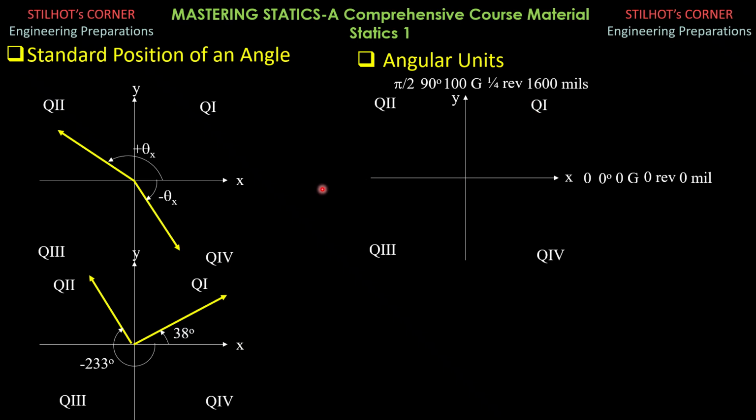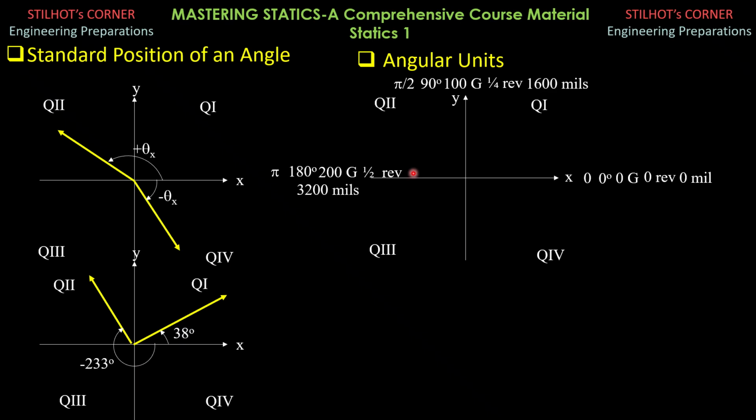Here we have pi radians, 180 degrees, 200 grads, sorry. Then 1/2 of a revolution, then 3,200 mils.